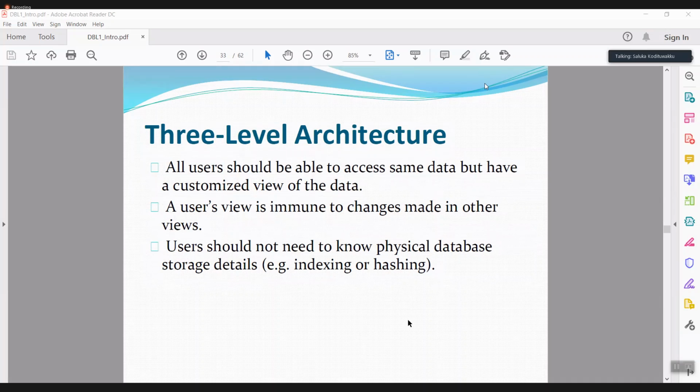Seek time means how long it takes to move the disk head to the desired track, or in other words, just above the target track. That is the seek time. And then in order to read or write data on the disk, the head should be at the beginning of the target sector.